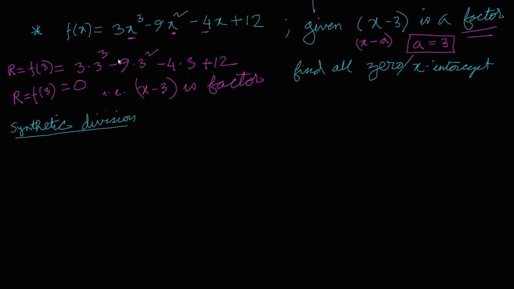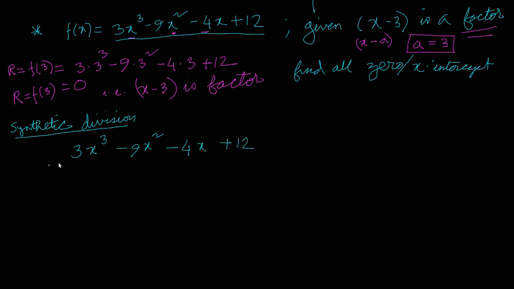First, to do the synthetic division, I need to write down my dividend in descending order. I guess it is already in descending order, still I want to write it: 3x cube minus 9x square minus 4x plus 12.